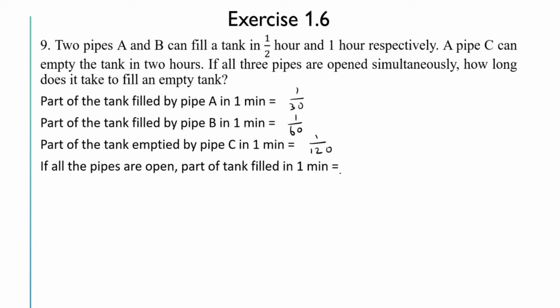If all the pipes are open, then the part of the tank filled in 1 minute will be 1 by 30 plus 1 by 60 minus 1 by 120. So this is equal to, LCM is 120, 4 plus 2 minus 1. So that is equal to 5 by 120.